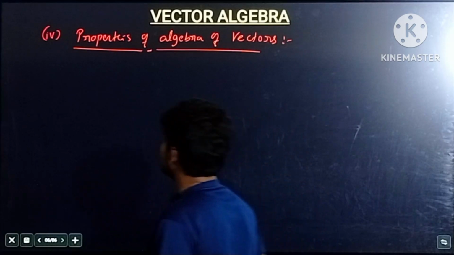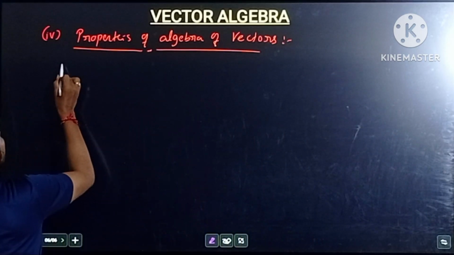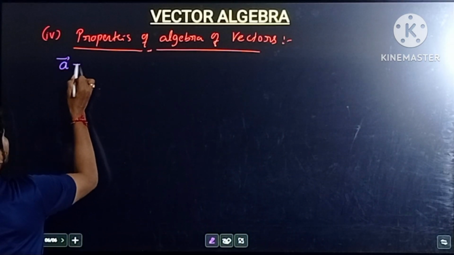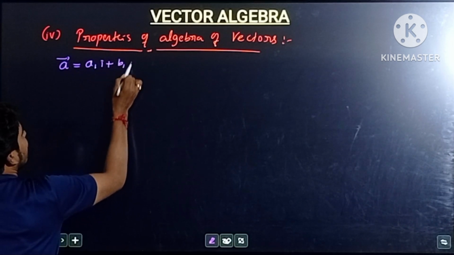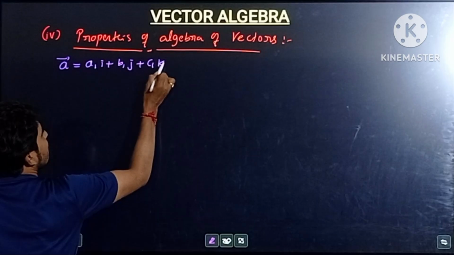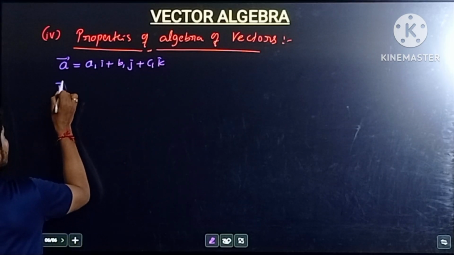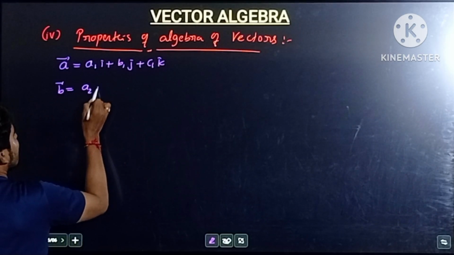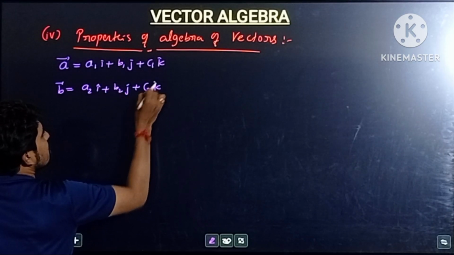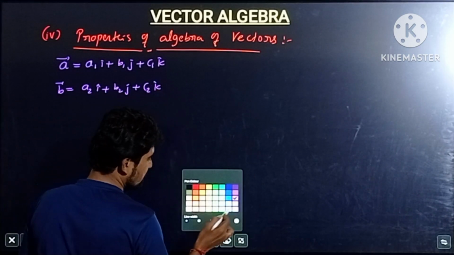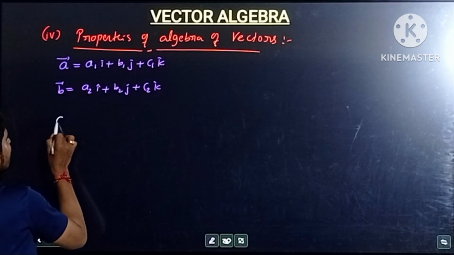Properties of the vector addition. Suppose a vector is one of the given vectors in component form a1i plus b1j plus c1k, and the second is b vector and its component form is a2i plus b2j plus c2k. So first we need to find a vector plus b vector.